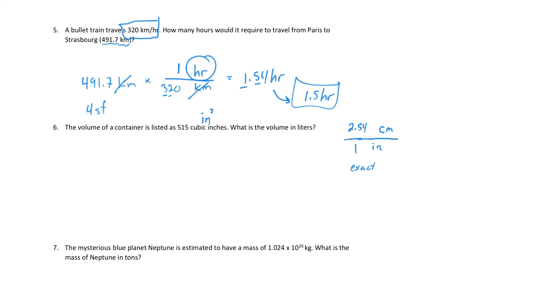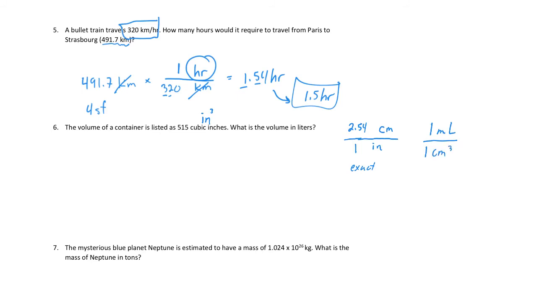Another conversion factor that you'll see on the first page is the relationship between cubic centimeters and milliliters. These are both units of volume. So let's write those down. We see that 1 milliliter can be expressed as 1 cubic centimeter, or vice versa.